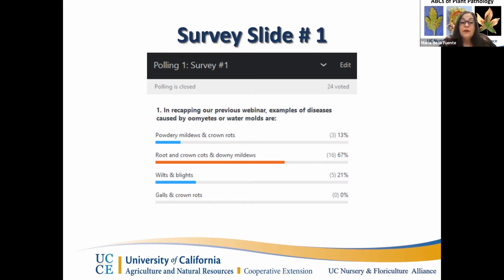The ones that are absolutely not correct are the galls and blights, because a lot of fungi and bacteria can cause those two sets of diseases. And you got it all right, because they don't cause galls at all. So even though they might cause crown rots, the last selection was not correct.